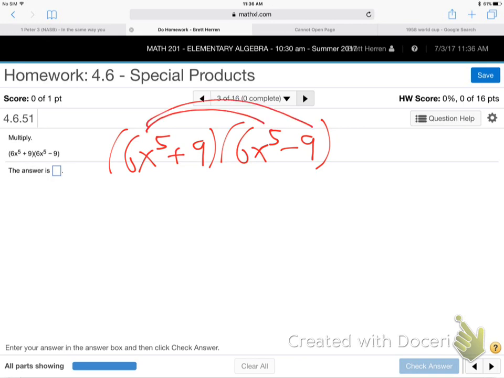So 6x to the 5th goes to both those two. Well, actually, you know what? I can just do the shortcut, huh? I'm going to do the shortcut this time.